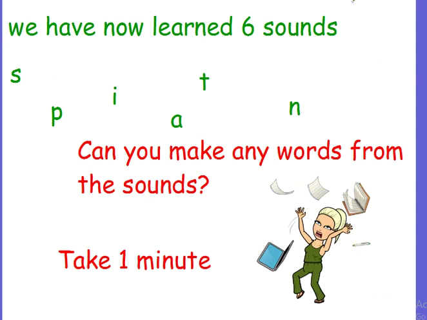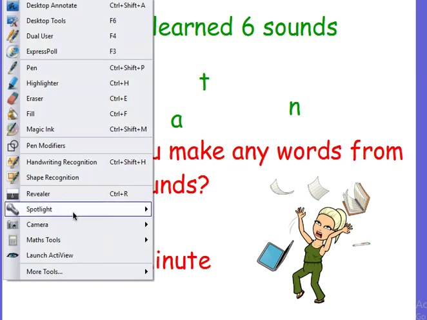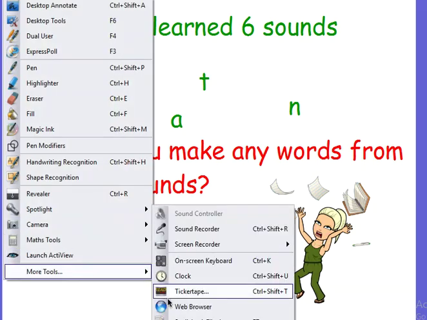Now we are going to have a go at using the sounds that we've learned to make some actual words. So we have the S, we have the P, we have I, A, T, and N. They're the ones we learned yesterday, and they're the ones that we are learning today.